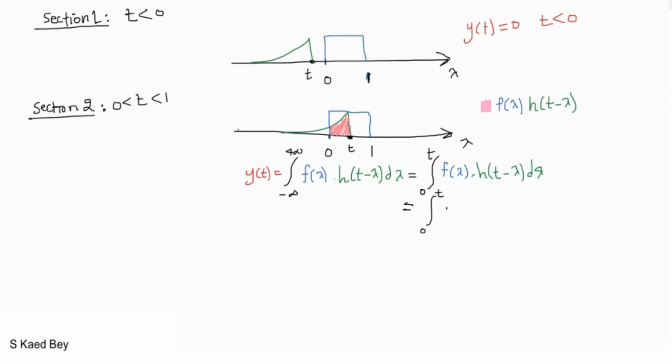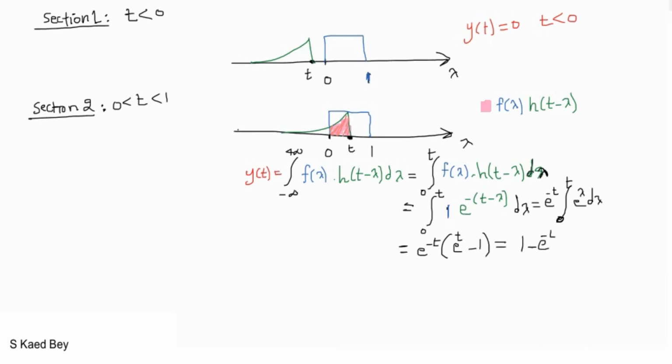As shown graphically, the first pattern overlap is between 0 up to the value of t, where t is between 0 and 1. Hence, our convolution integral limit for section 2 will be between 0 and t. Evaluating the convolution integral for section 2, we get y of t equals 1 minus exponential of minus t.